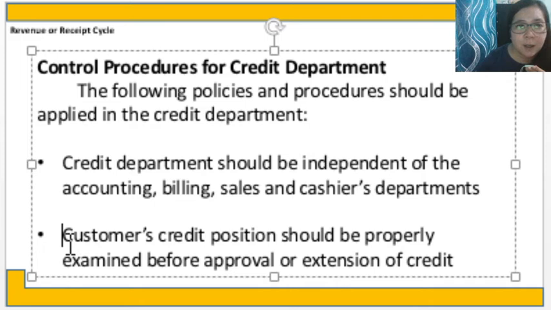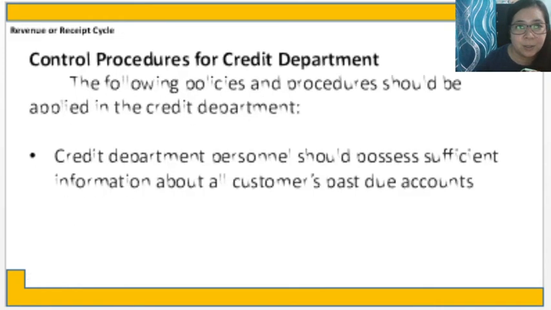Another policy or procedure under this department is that the customer's credit position should be properly examined. This is what we have mentioned earlier, before approving or extending their credit. So there should be an analysis of the payment history and attitude of a particular customer before they can be approved for another credit or the extension of their loans.